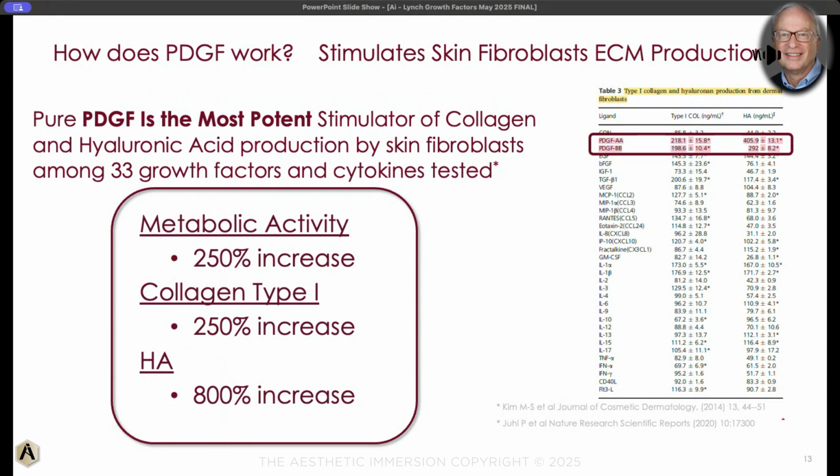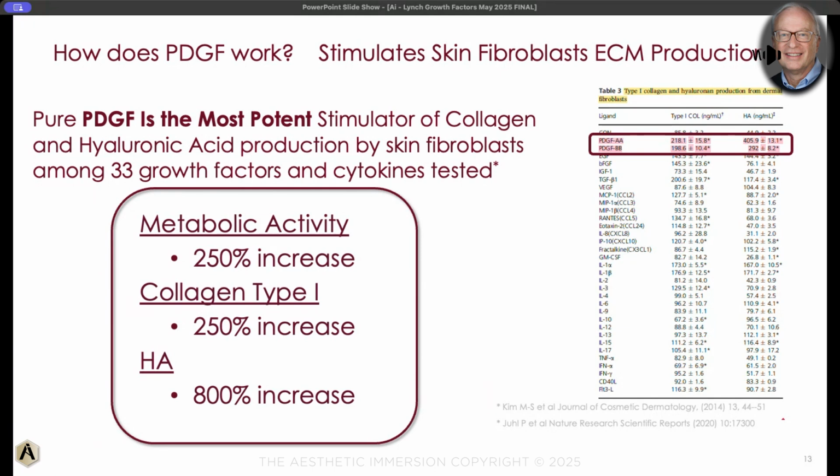You could hopefully see on your screen, I have a hard time seeing it on mine, that they looked at both PDGF AA and AB, and they were both incredibly potent stimulators. So you can get a 250% increase in collagen production, an 800% increase in HA production with PDGF in skin fibroblasts.